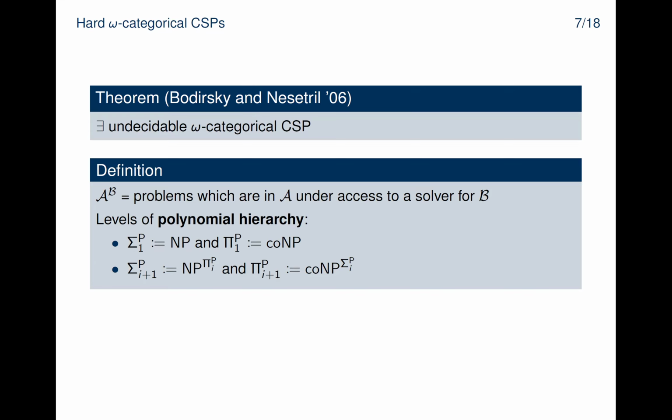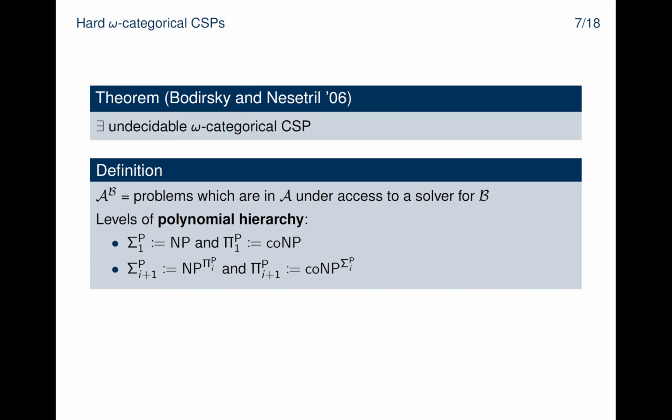So polynomial hierarchy was in the title of my talk. So what is it? Polynomial hierarchy is a hierarchy of complexity classes above NP and its complement co-NP. So just to be on the safe side, NP is the class of all problems that are solved in polynomial time by a non-deterministic Turing machine, which just means that if we guess a solution to a problem, then we can verify it efficiently in polynomial time.